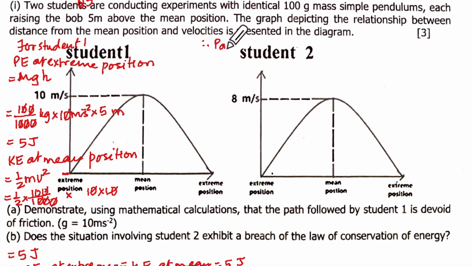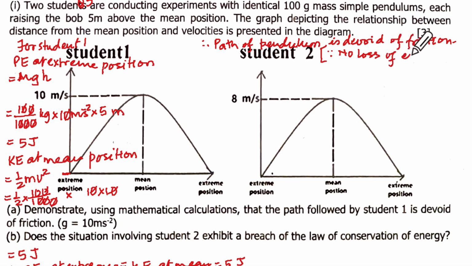Therefore the path of the pendulum is devoid of or without friction, because there is no loss of energy. In case you are not able to understand this, write over there, since no loss of energy. Agreeable to you? Yes, ma'am.